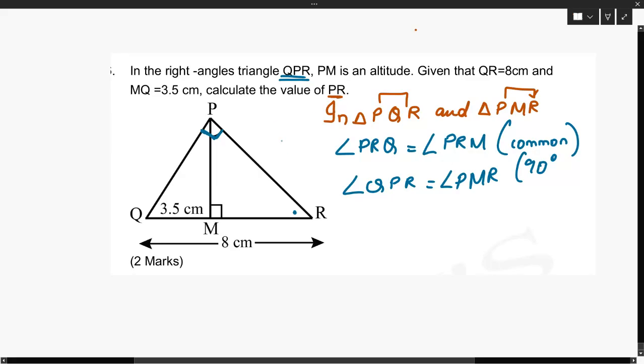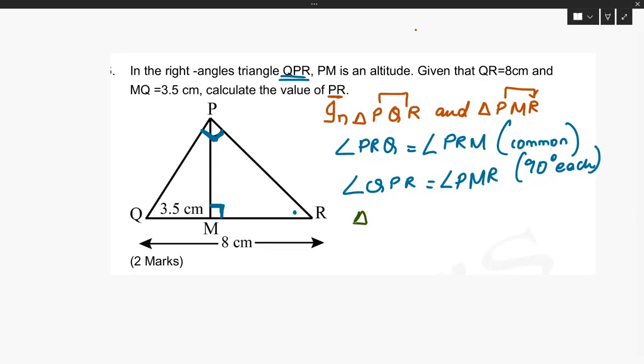In the right angle triangle QPR, right angle means there is one angle marked here, so this is 90 degrees. And as this is the altitude, this is also 90 degrees. So angle P is equal to angle M because both are 90 degrees each. Then we can prove that these two triangles are similar by AA test. PQR, the bigger triangle, is similar to PMR, the smaller triangle, by AA test.